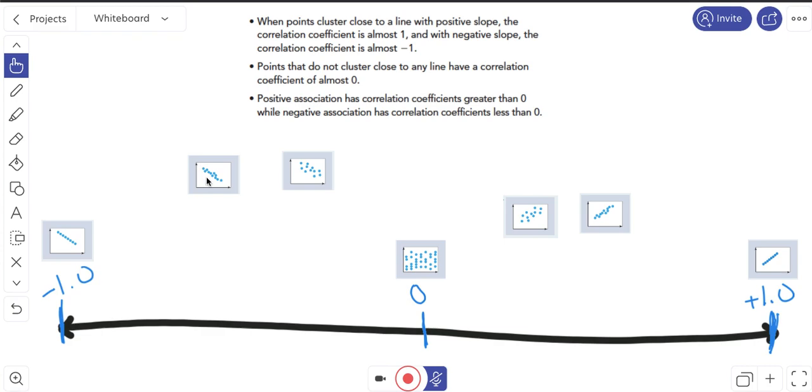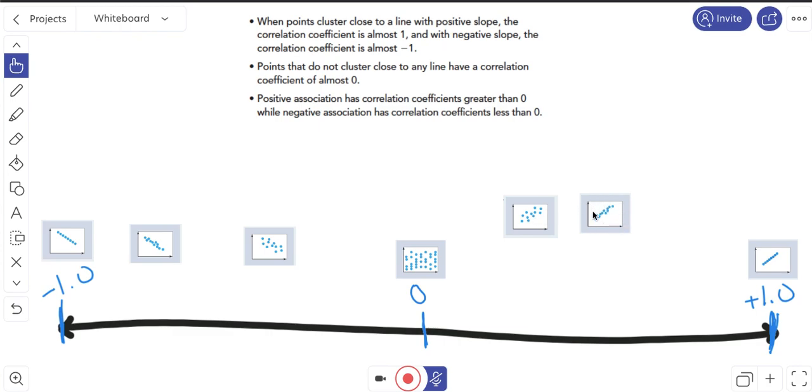This is clearly a stronger relationship than this one, so I'm going to put this one on the continuum a little closer to the strong negative relationship. And this set of data is getting more scattered, so I'm going to put it along the lines of a weaker relationship. I already had set those up in a similar way over here on the right-hand side.